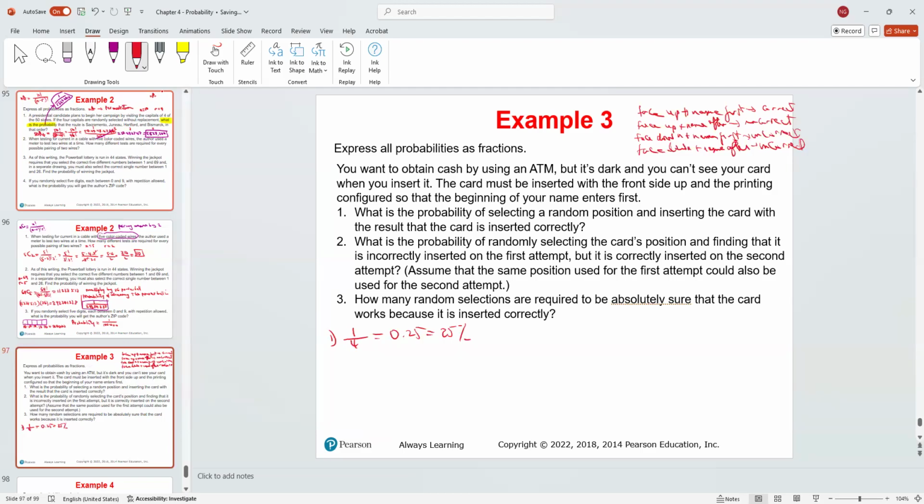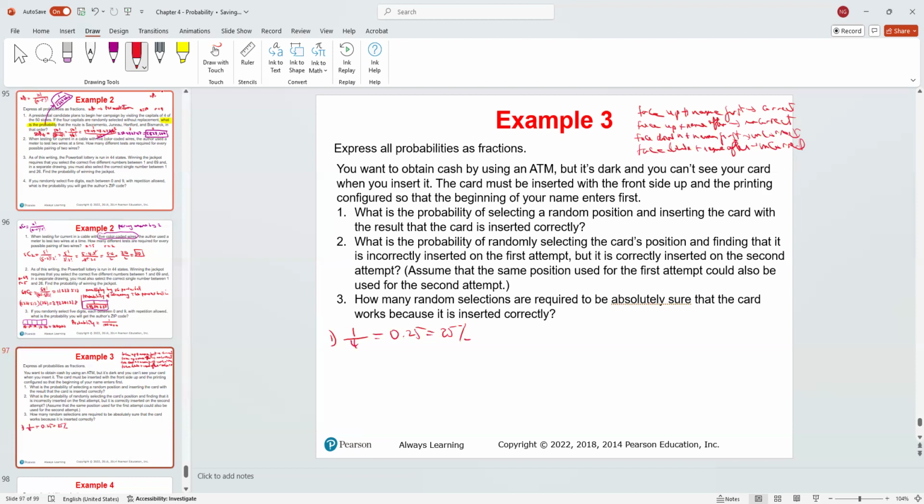Either you enter face up, name first, that's correct, or the other three times are incorrect. What is the probability of randomly selecting the card's position and finding that it is incorrectly inserted, but it is correctly inserted on the second attempt? Assume that the same position used for the first attempt could also be used for the second attempt.